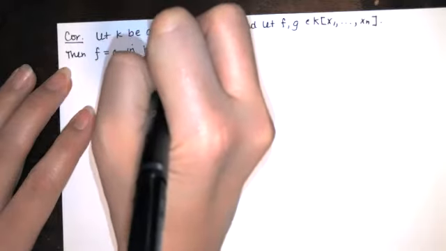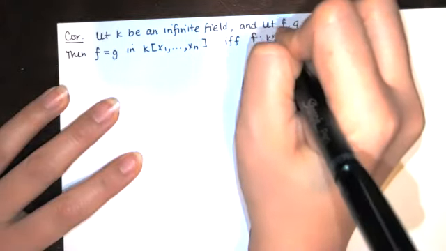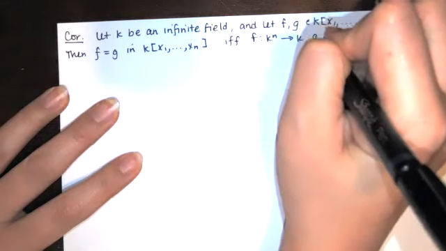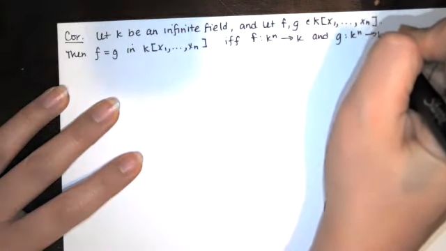Then f is going to equal g in the polynomial ring if and only if f and g are the same function.